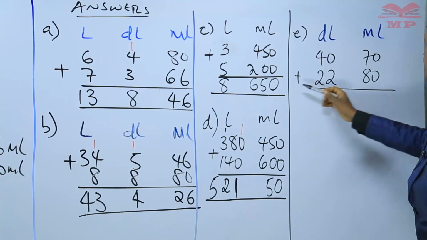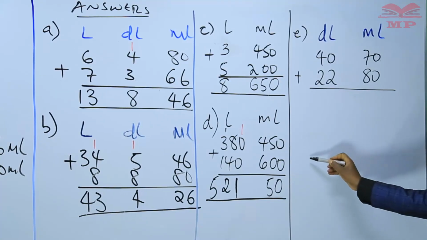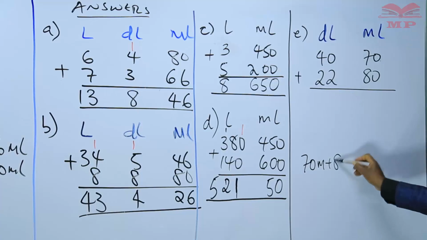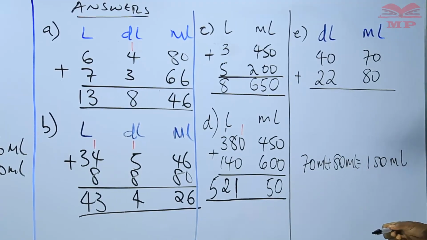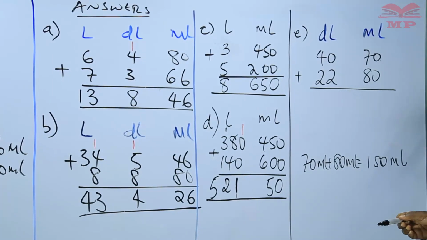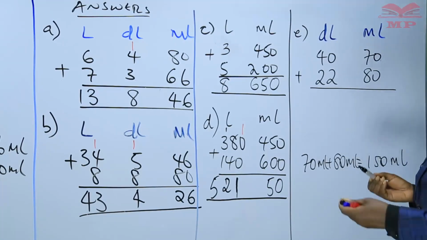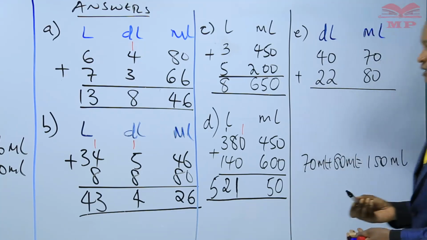70 milliliters plus 80 milliliters is equal to 150 milliliters. So we know 100 milliliters is equal to 1 deciliter.